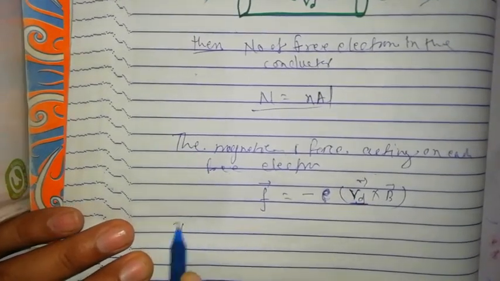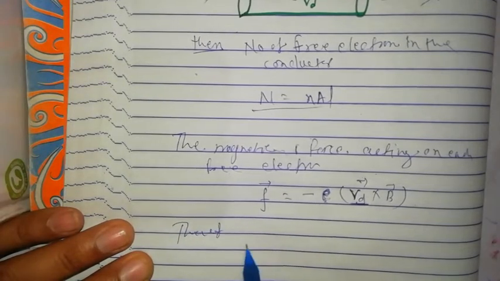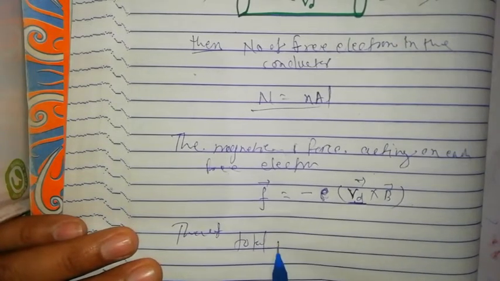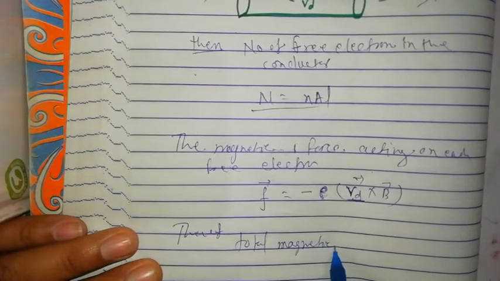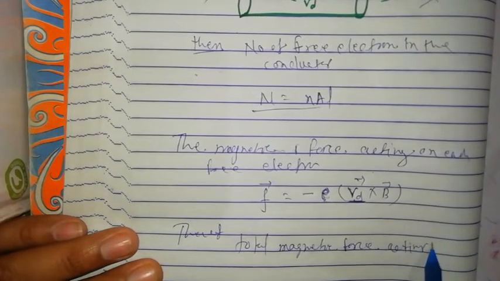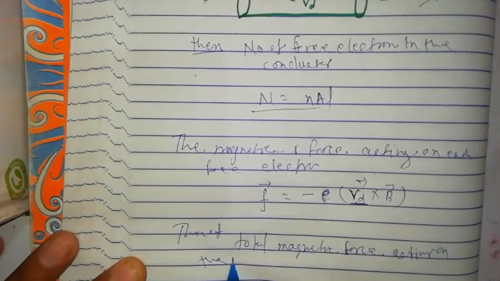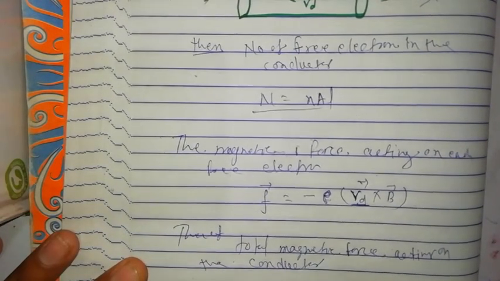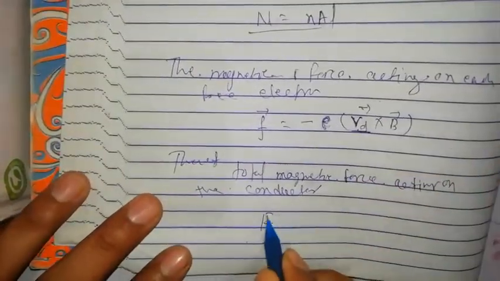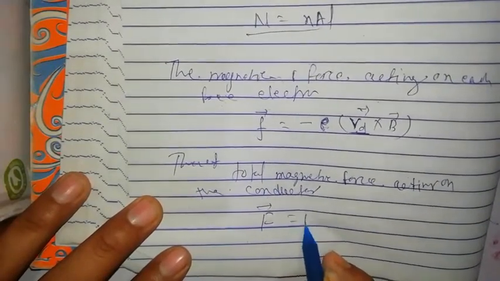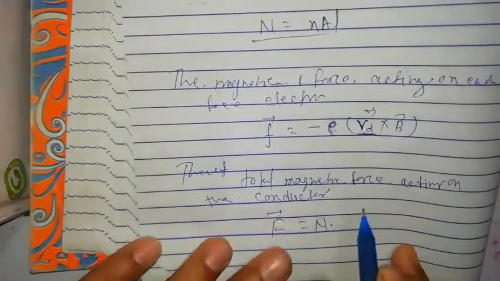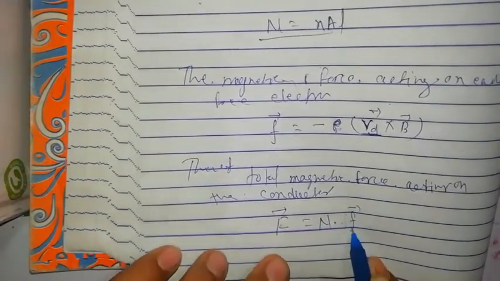Now, the total magnetic force acting on the conductor is given by capital F, which is equal to the total number of free electrons multiplied by the force acting on each electron.